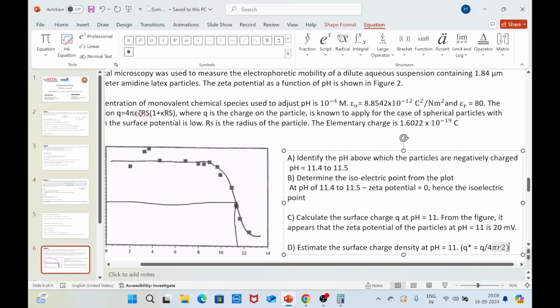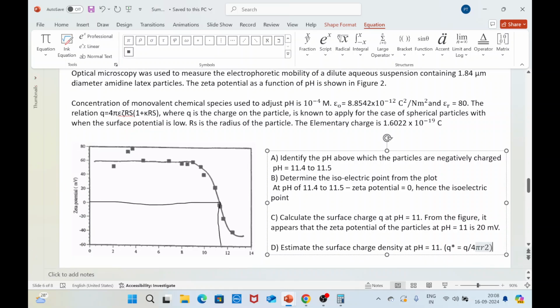So this is the surface charge density calculation, and for surface charge you just need to substitute the values in this expression.